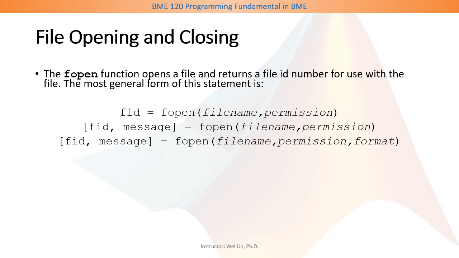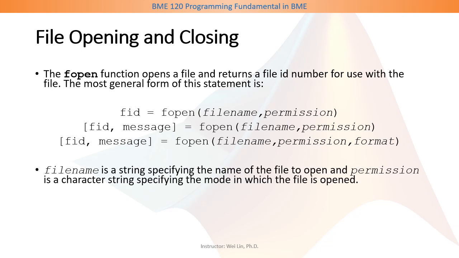The third form is a bit complicated. It is slightly different from the second form, in that it needs a format as the third input. So of course, the file name is a string specifying the name of the file to open, and it can also include the path in the file name if the file is not in the current folder. And the permission itself is also a string that specifies the mode in which the file is opened. In other words, whether it's open in read mode or write mode.